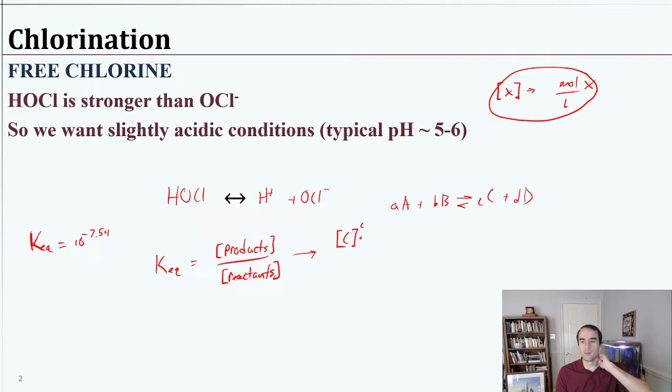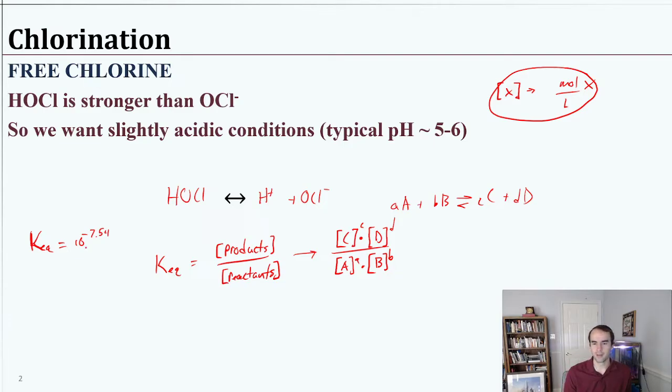Times, and this is important, this is multiplication, not addition, times the concentration of D raised to the D power, and A to the A times B to the B, excuse me. Okay, so that's the general form of equilibrium reaction.